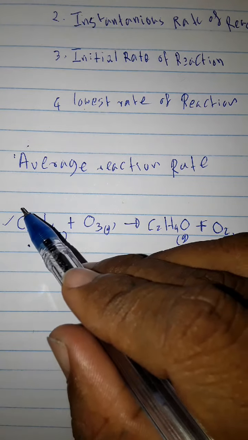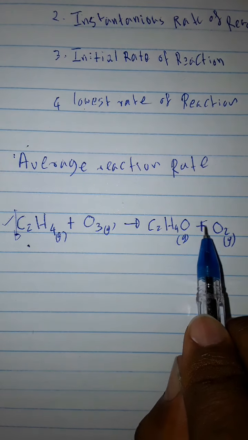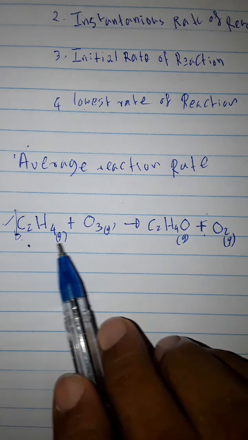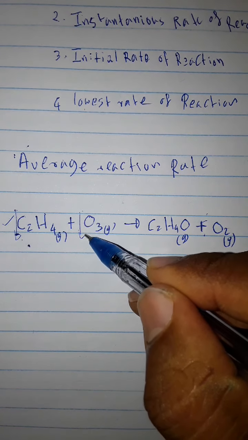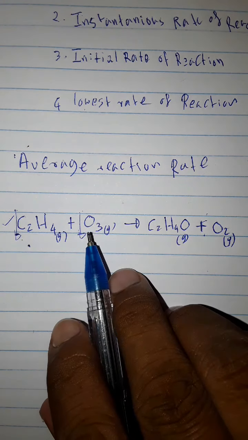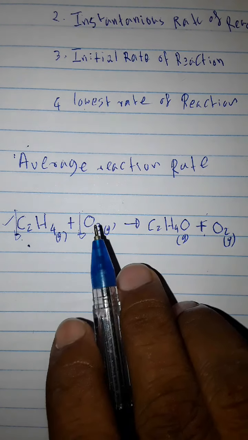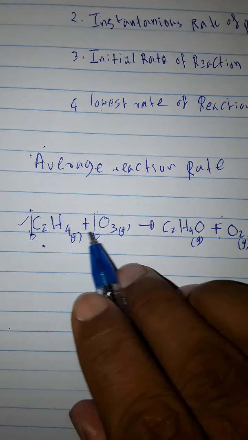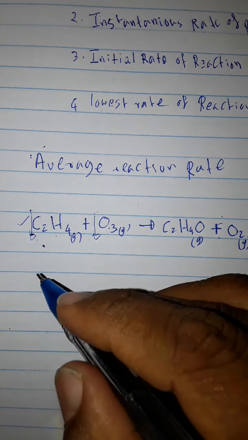In this reaction, how fast the ethene molecule concentration decreases, the same fast the oxygen concentration increases. How fast this concentration decreases, the same fast the reaction happens. How fast the ozone concentration decreases, the same fast the reaction takes place. So if I find the rate of decrease of ozone concentration, that means I have found the rate of reaction. With respect to the ozone concentration and this concentration, we can express the rate.